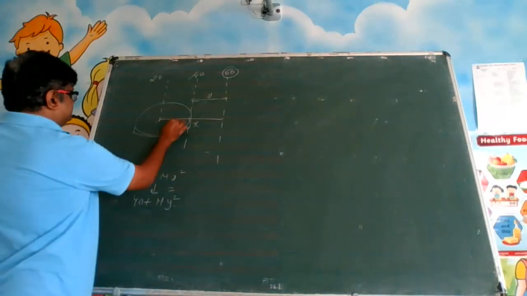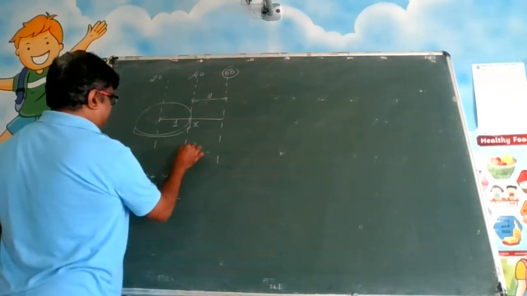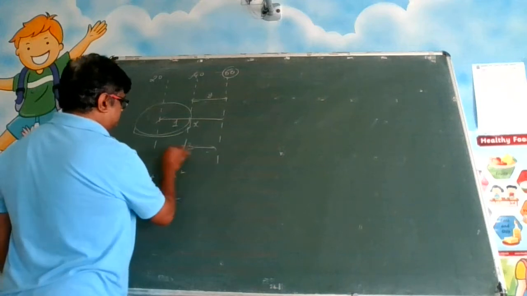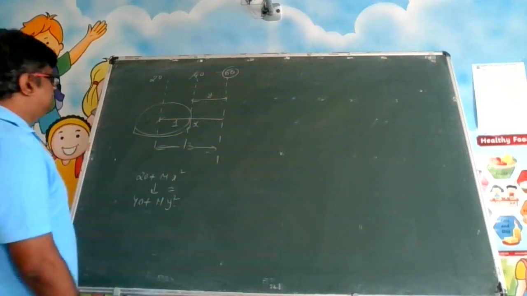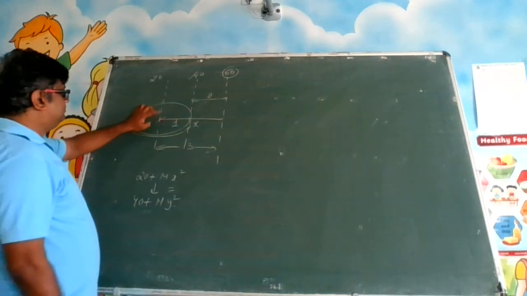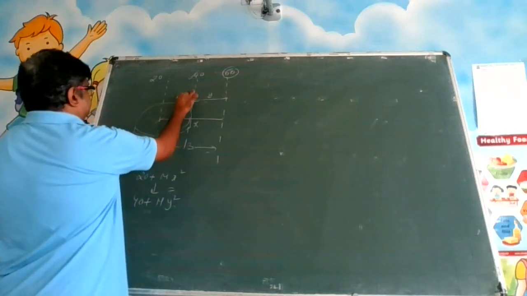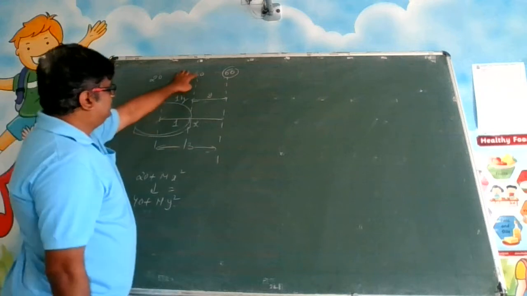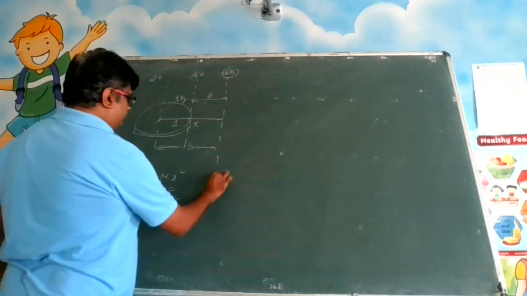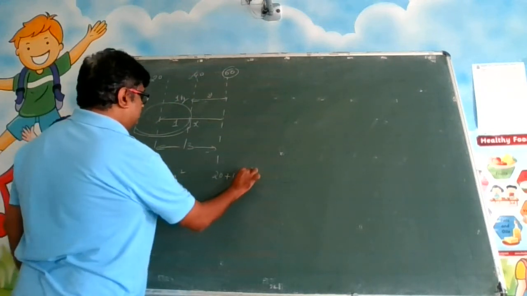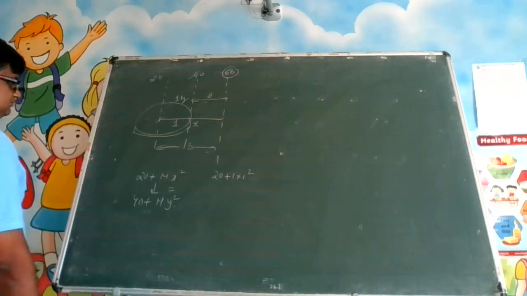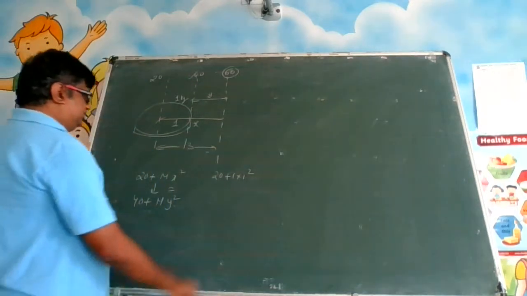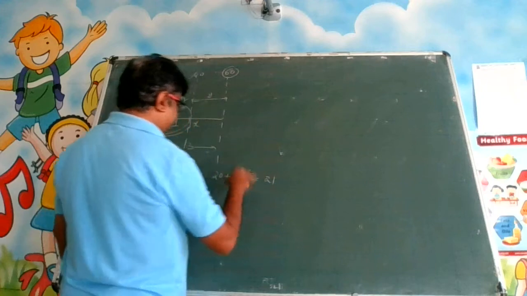Let us say this distance is 1 and let us say this whole distance is 3. Here you are getting 20 plus, let us say the mass is 1 kg. Here it is 20. So about this edge, you will get 20 plus 1 into 1 square. Let us say you got 21.